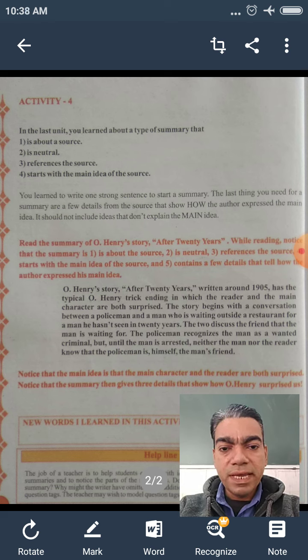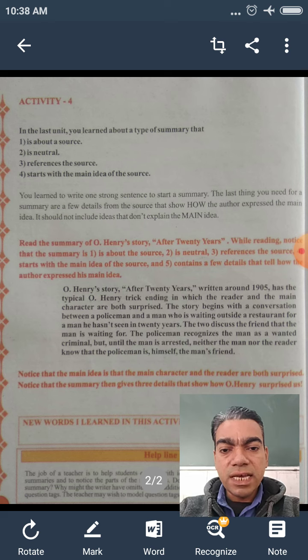The story begins with a conversation between a policeman and a man who is waiting outside a restaurant for a man he hasn't seen in 20 years. When the story starts, a conversation takes place between a policeman and a stranger who is waiting outside the restaurant for his friend.